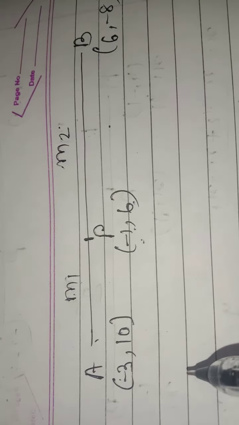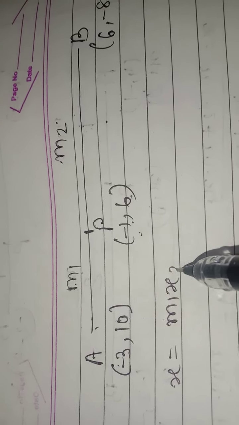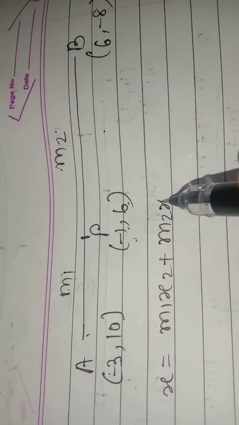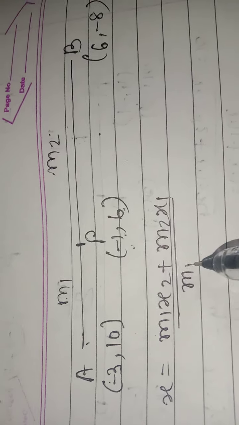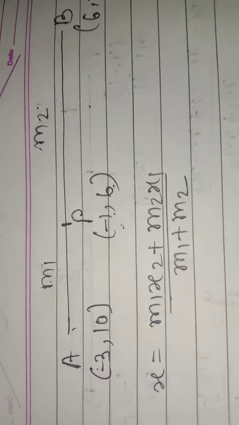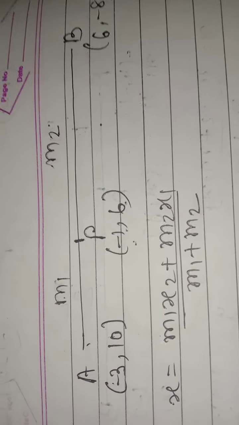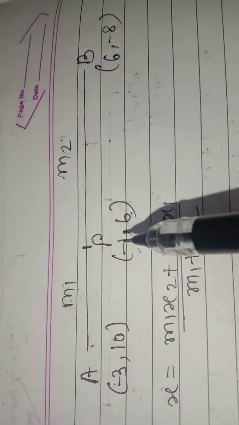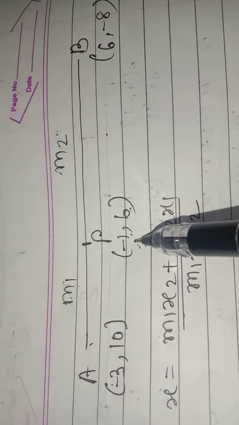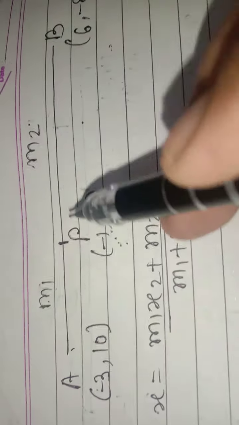See, the division formula is x equal to m1 x2 plus m2 x1 upon m1 plus m2. Now I am doing it for x. Whenever all the values are given and you have to find the ratio, always take any one value. Either you find it using x or you find it using y. So the value of x is given.